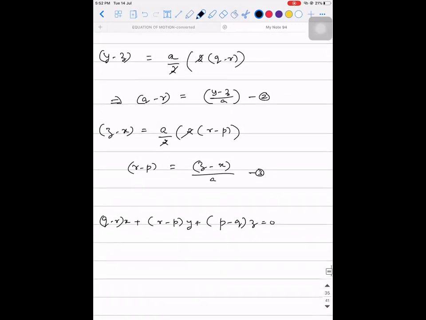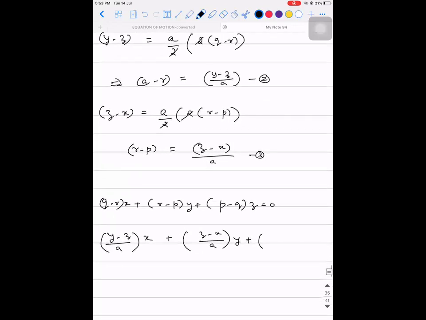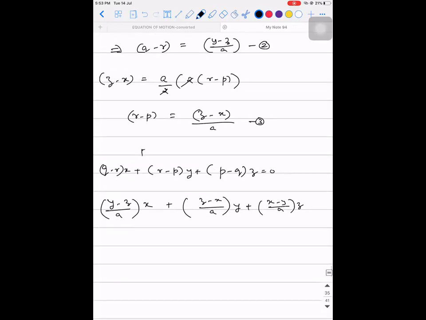So what is q minus r? That is y minus z divided by a into x, plus r minus p is z minus x divided by a into y, plus p minus q is x minus y divided by a into z. Okay, this is what we need to prove.